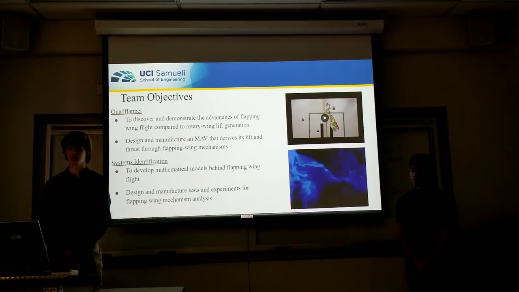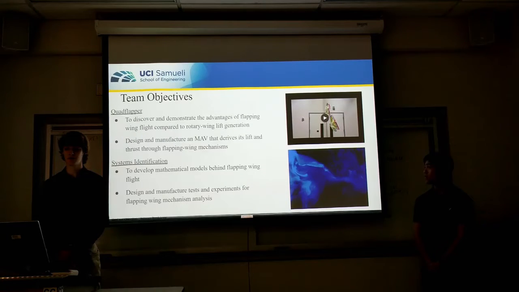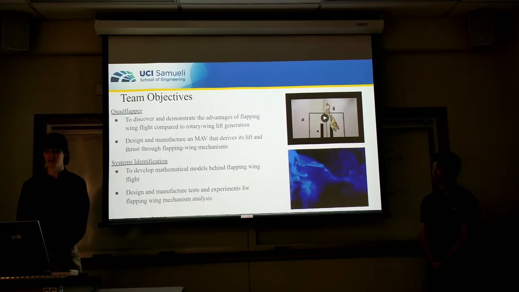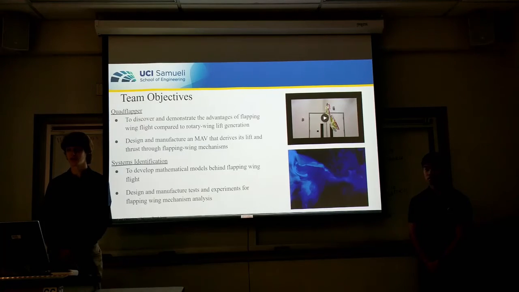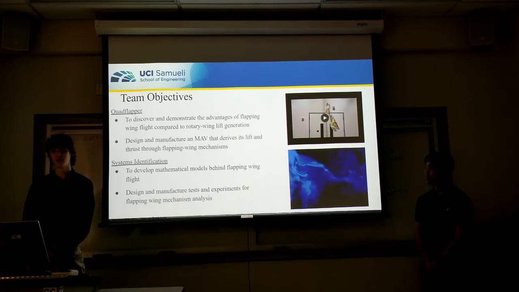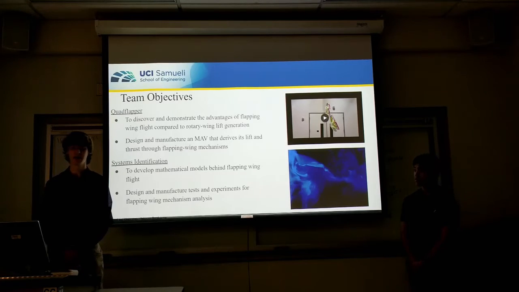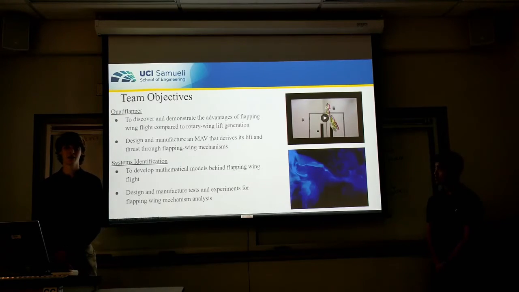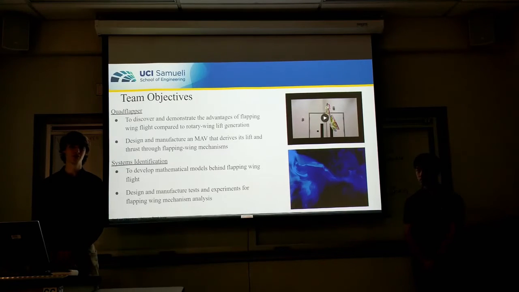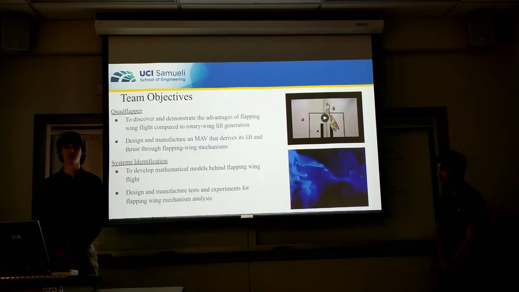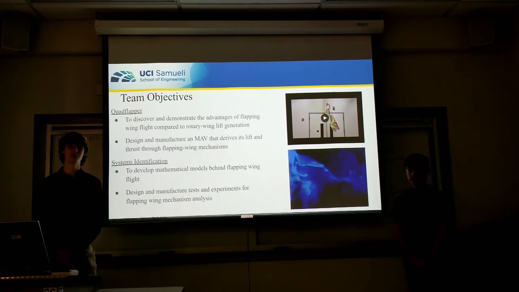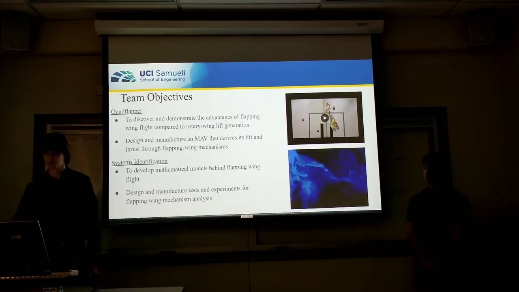A few of our team objectives: we're made up of two teams, the quad flapper team and the systems identification team. For the quad flapper team, our first main objective is to discover and demonstrate the advantages that flapping wing flight, or non-conventional flight, might have over conventional flight through comparisons between a quad flapper and an equivalent quadcopter.